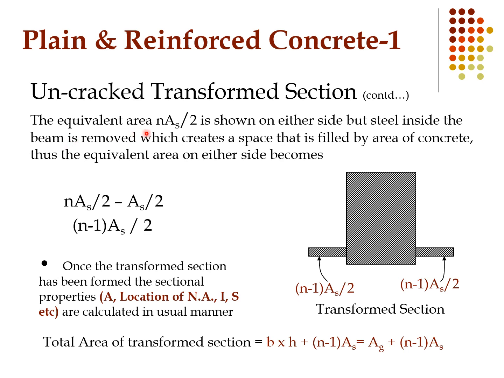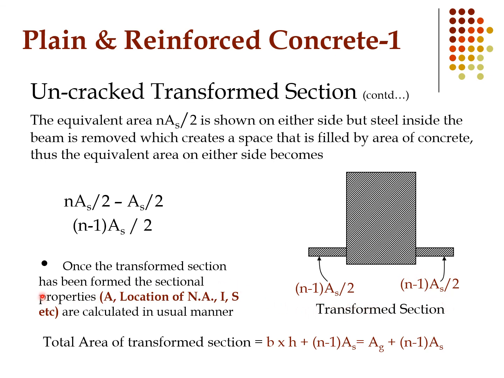Now the equivalent area n As by 2 is shown on either side, but the steel inside the beam is removed, which creates a space that is filled by area of concrete. Thus the equivalent area on each side becomes n As by 2 minus As by 2. So (n minus 1) times As by 2, that area needs to be provided on both sides in order to get a transformed section.